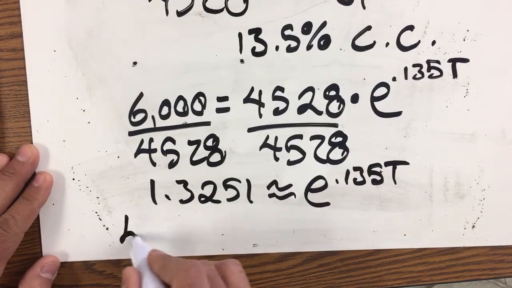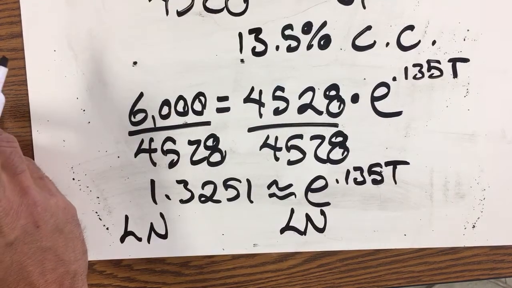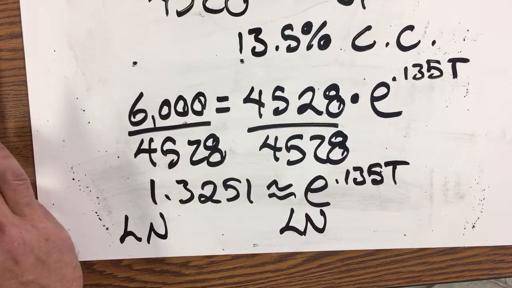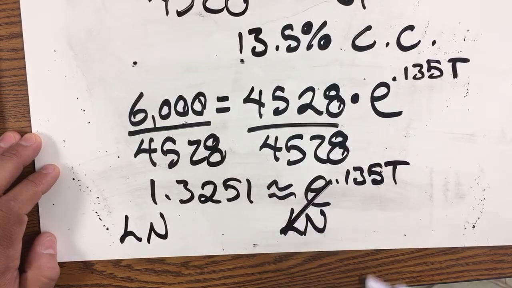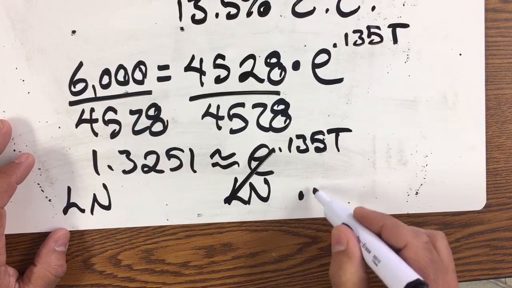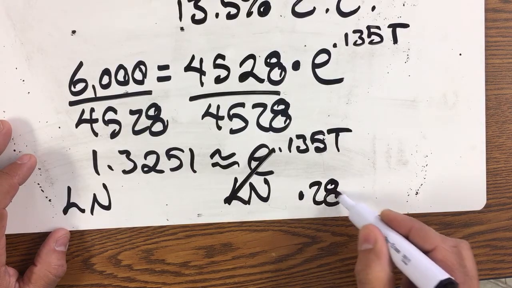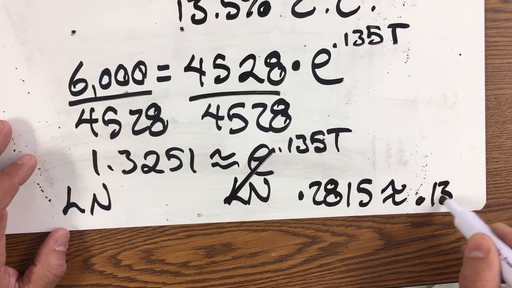I'm going to do the natural log of both sides. So I'm going to put on my calculator the natural log of 1.3251. That cancels out. So I'm going to have 0.2815 is approximately 0.135t.